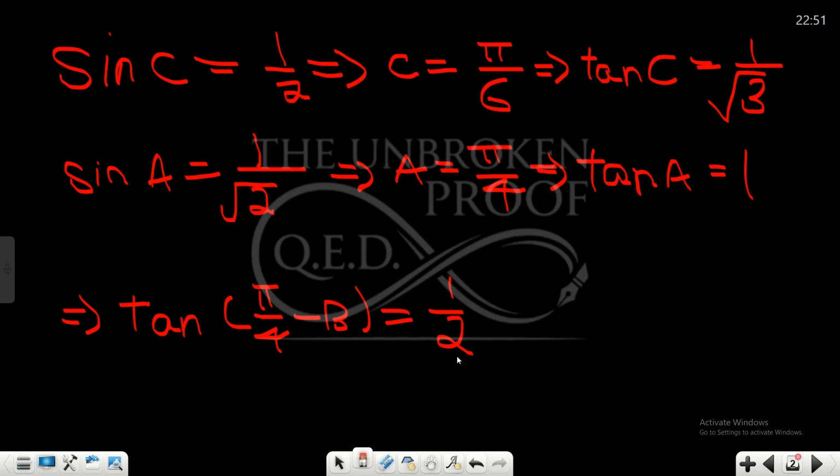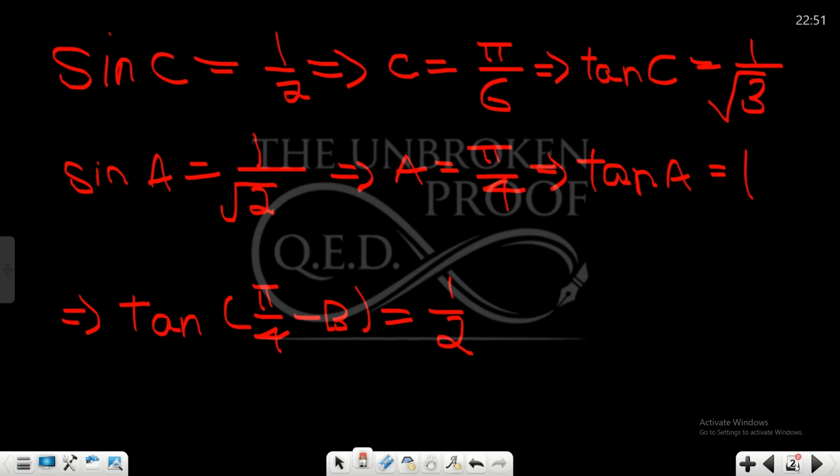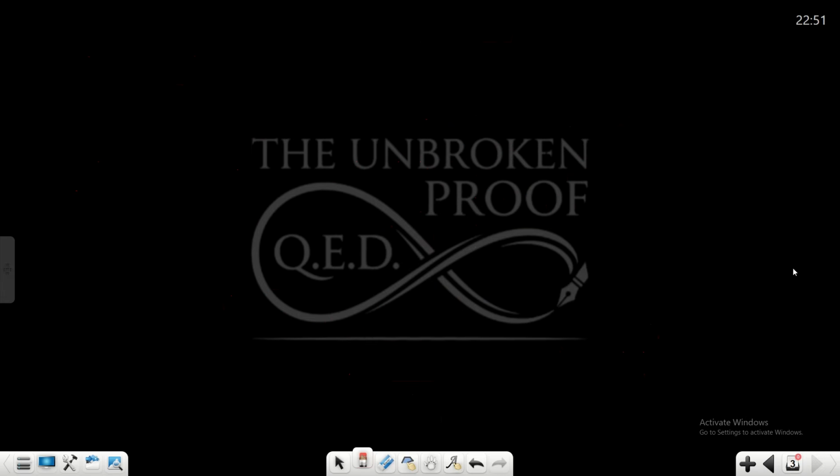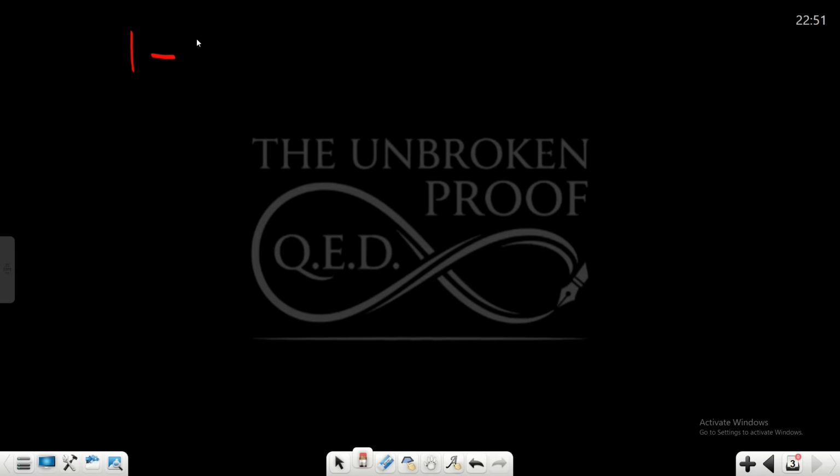Okay, now what we are going to do is that we are going to expand this one. If you expand this one, then what will happen? You will get something like 1 minus tan b, let me assume this as x, by 1 plus x, and this is equal to 1 by 2.